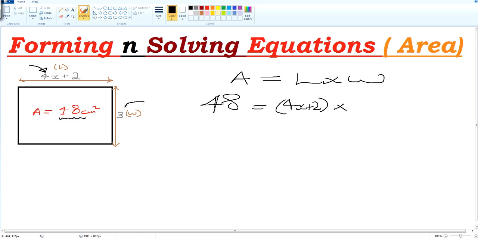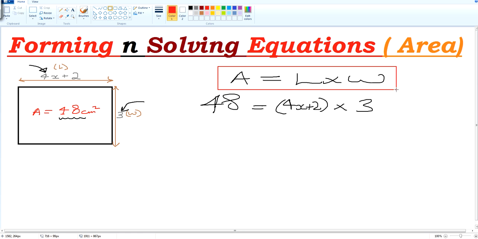What is our width, Amina? Our width is 3. Good. So we've set up our formula: area equals length times by width. It's an area question to do with area of a rectangle.